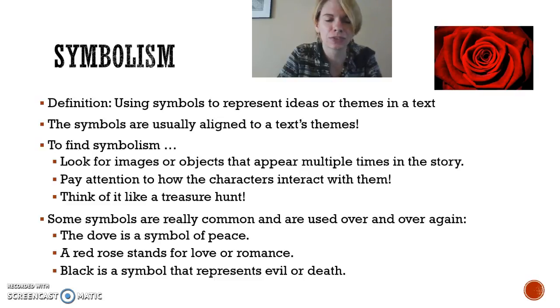A red rose stands for love or romance, and black is a symbol that represents evil or death. Sometimes authors will use these symbols because they're easily identifiable for the readers. So the core texts that we read in my class do have symbols in them, and we will discuss them as we encounter them. So don't think you're going to be totally lost and just thrown into a book and told, here, find the symbols, because symbolism can be tricky.